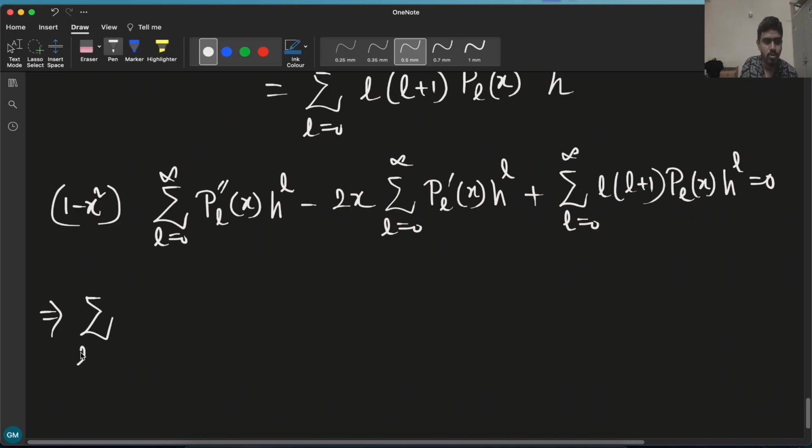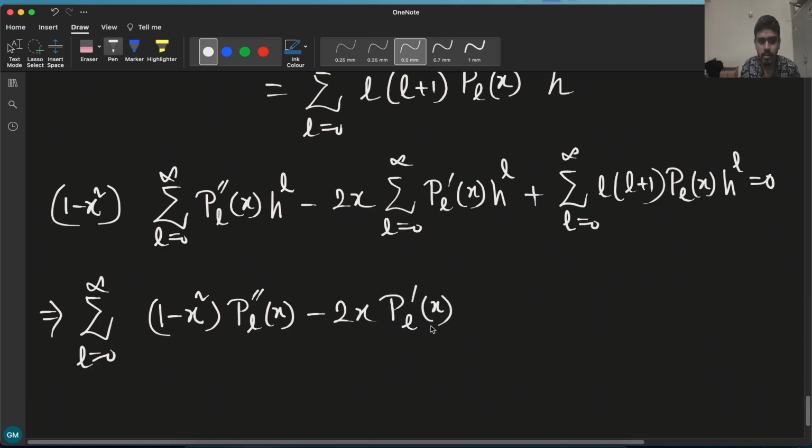So it is the sum from L equals 0 to infinity of (1 minus x squared) times P double dash L of x, minus 2x P dash L of x, plus L into L plus 1 times PL of x.